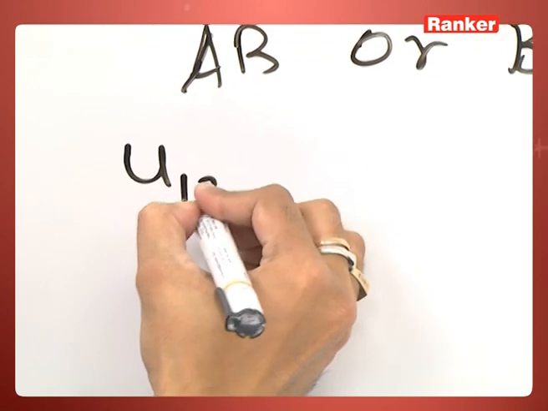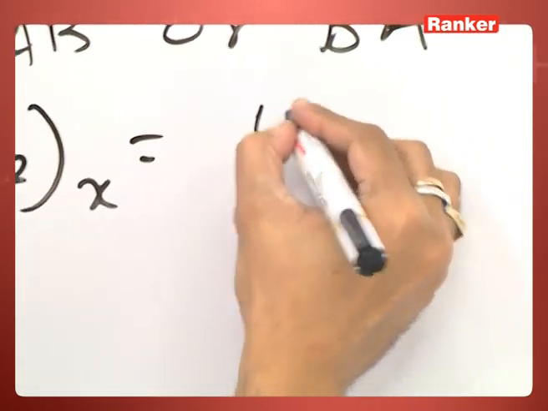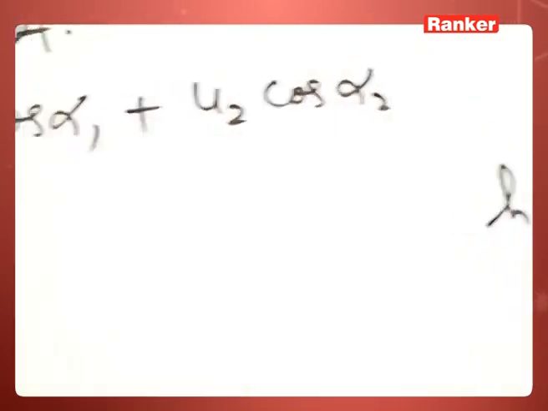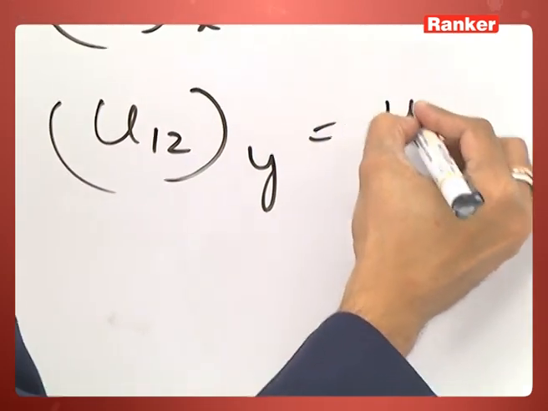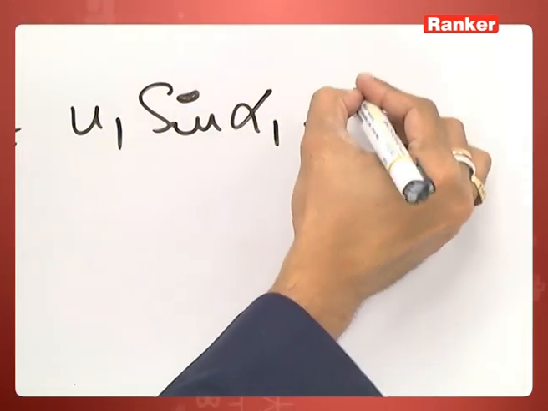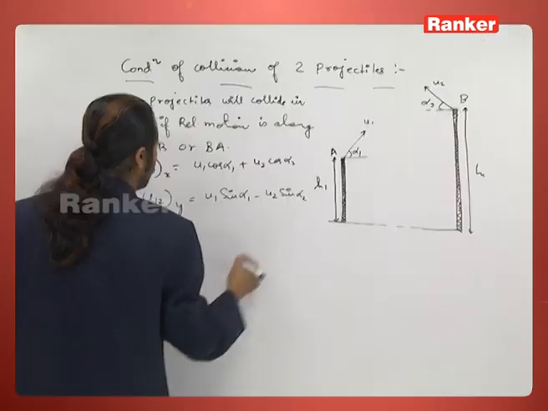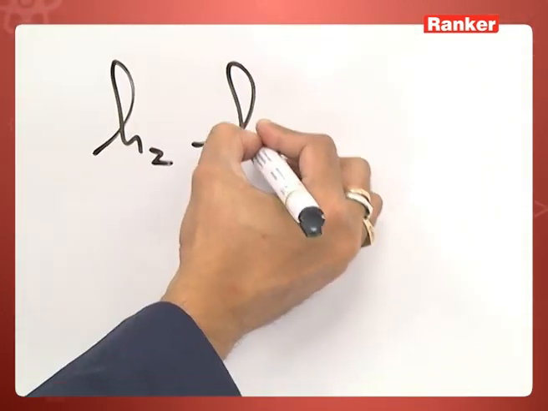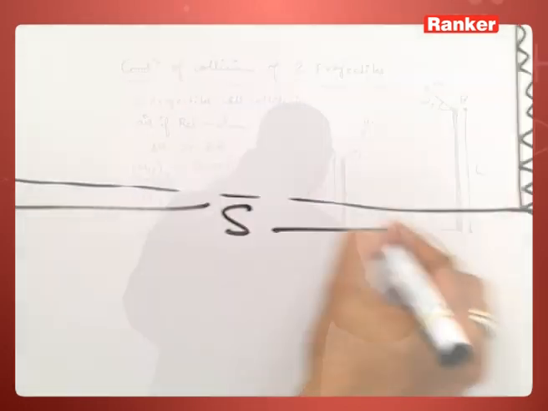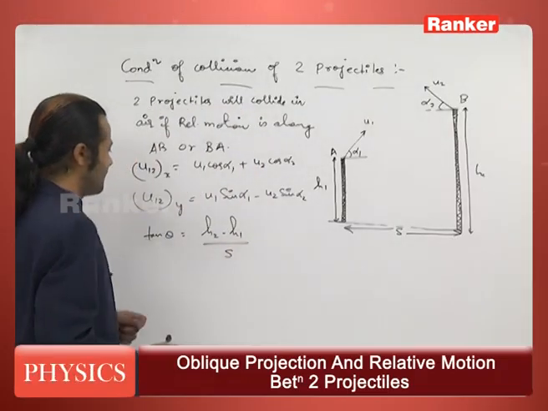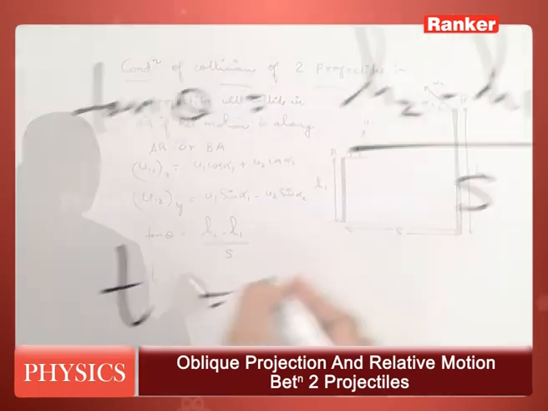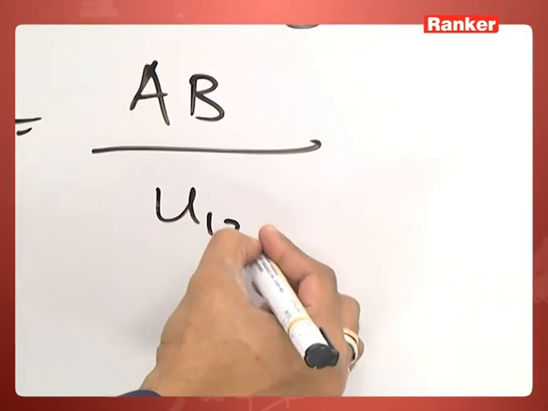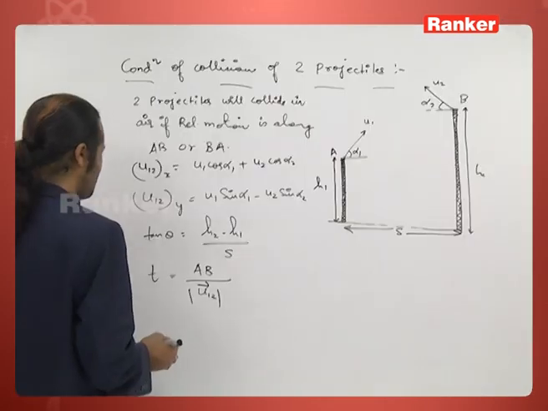u of 1, 2 along x is u1 cos alpha 1 plus u2 cos alpha 2, opposite directions, and u1 2 along y is u1 sin alpha 1 minus u2 sin alpha 2, and tan theta will be h2 minus h1 divided by, let this distance be s, and time will be AB divided by net u1 2 mod.